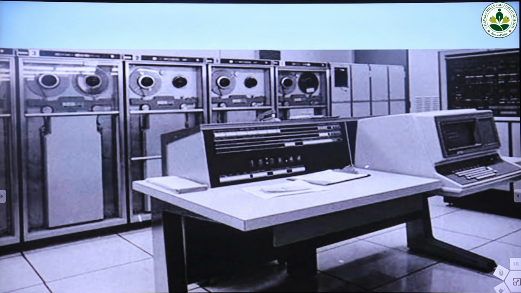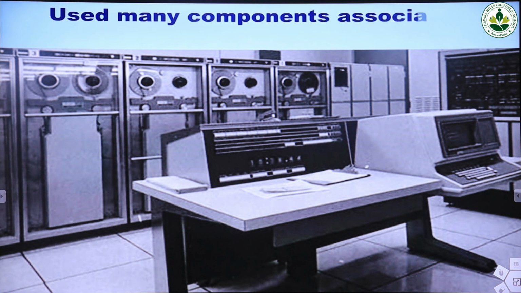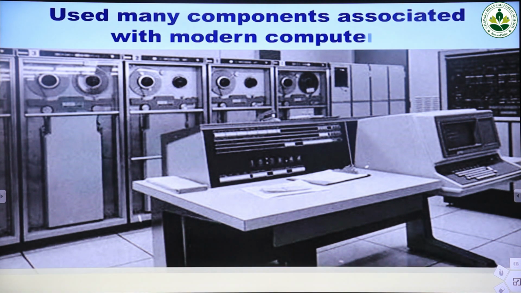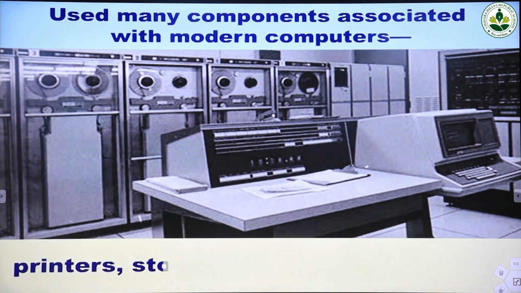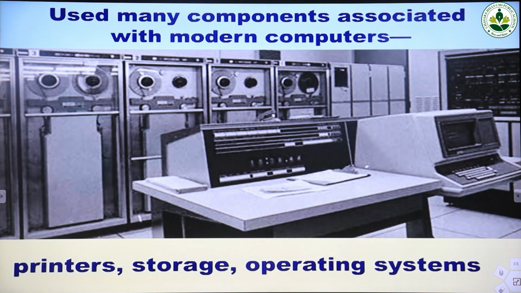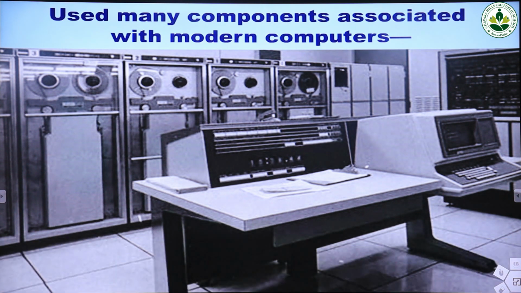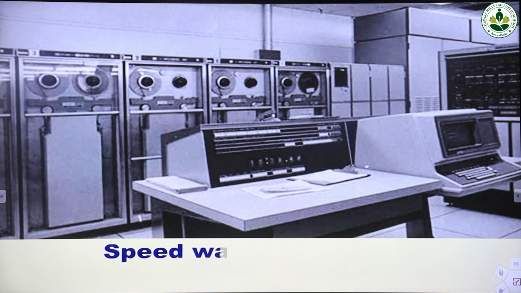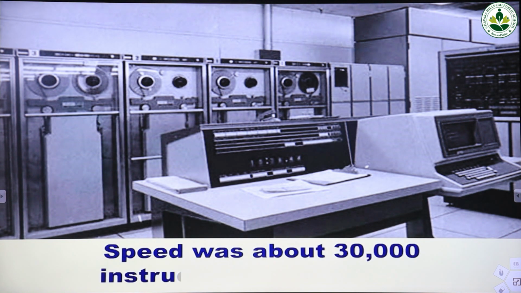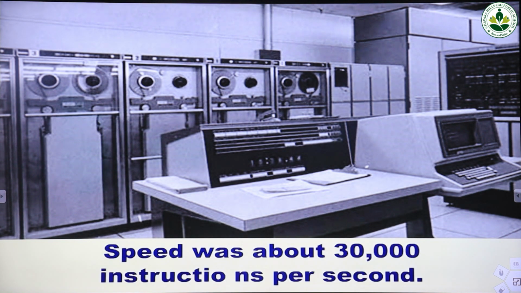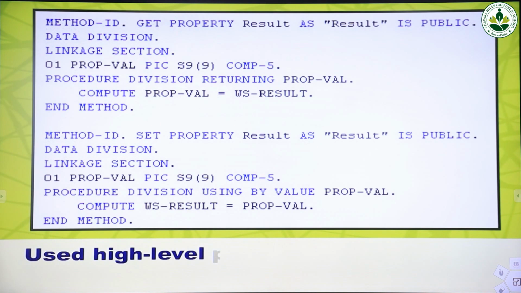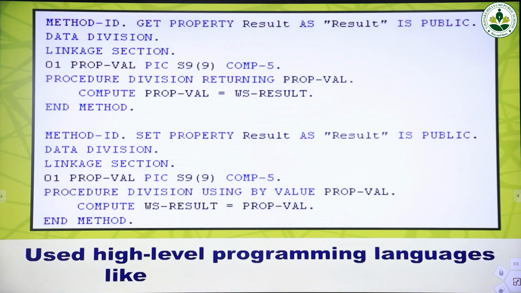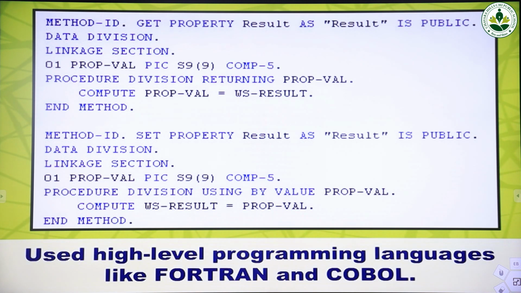F. They used many components associated with modern computers: printers, storage, operating systems, etc. G. Their speed was about 30,000 instructions per second. H. They used high-level programming languages like Fortran and COBOL, which allowed programmers to specify instructions in words.